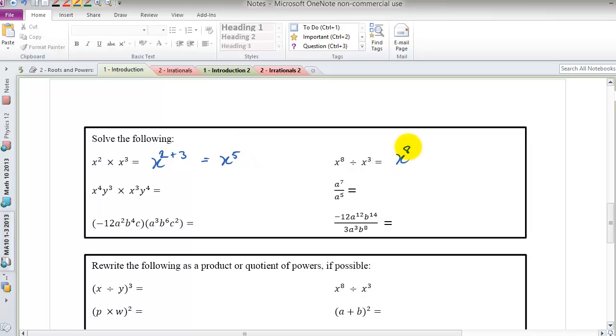This is x to the power 8 minus 3, which is also x to the power 5. This one we do the same. If you want, you can group it like this. You don't really need to do this, but maybe it helps the first time you look at it. Which is equal to x to the power 4 plus 3, y to the power 3 plus 4.